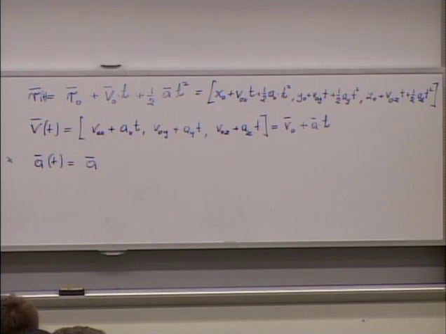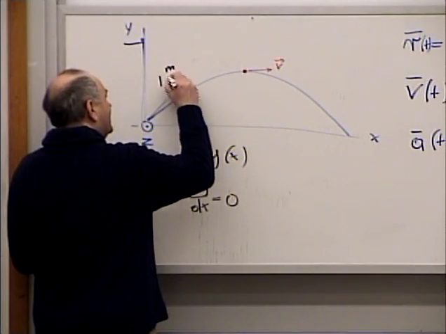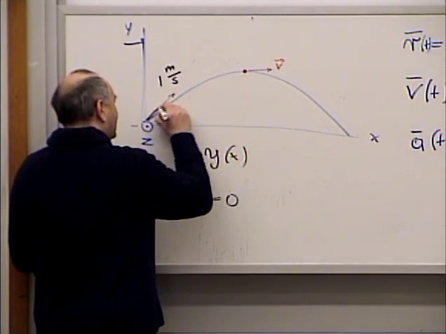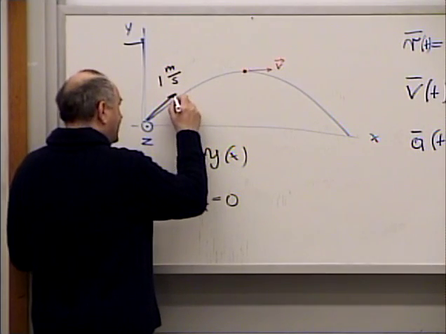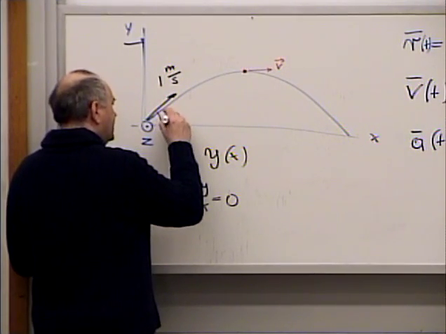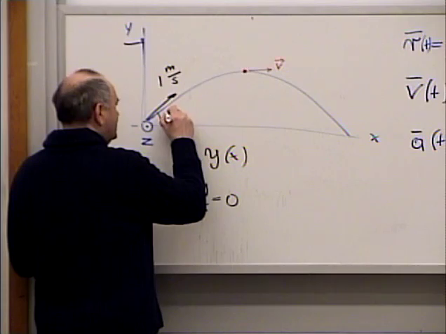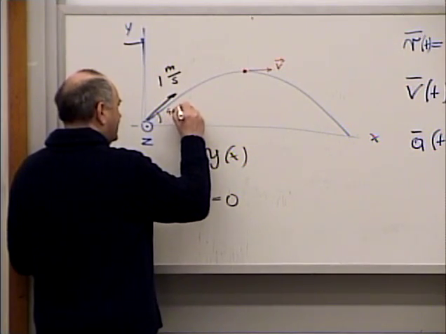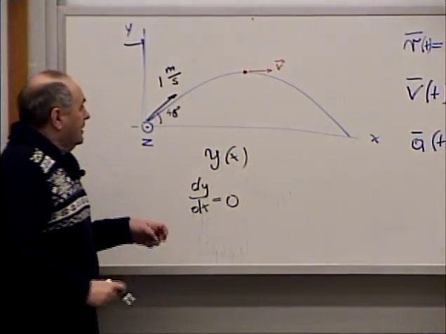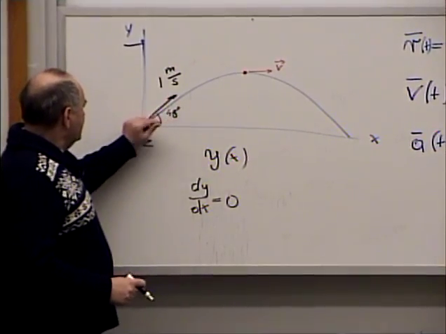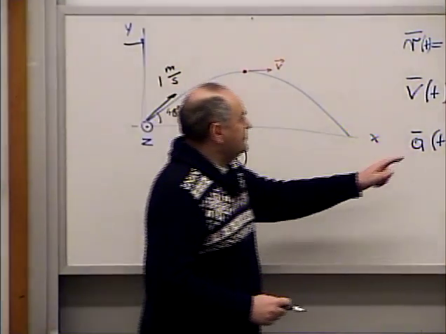Well, before that, why don't we actually write down, in this coordinate system, what are the scalar components? Let's say that the ball travels in this direction with the magnitude of this velocity being 1 meter per second. And how about if we think that this is 45 degrees. It will be easier to find out. So, what are the scalar components of vector v0?